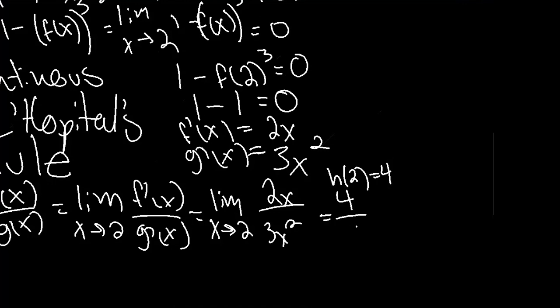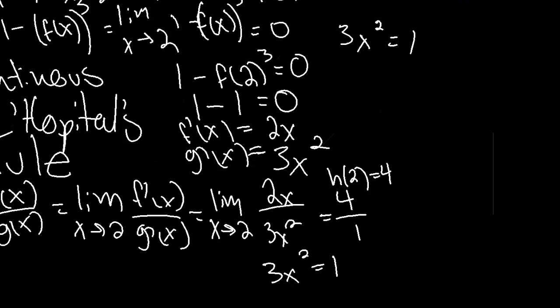So now that we know that the numerator is equal to 4 and the denominator has to be equal to 1 to follow this, we can set the denominator equal to 1 and have an algebraic problem. So 3x squared equal to 1, right?